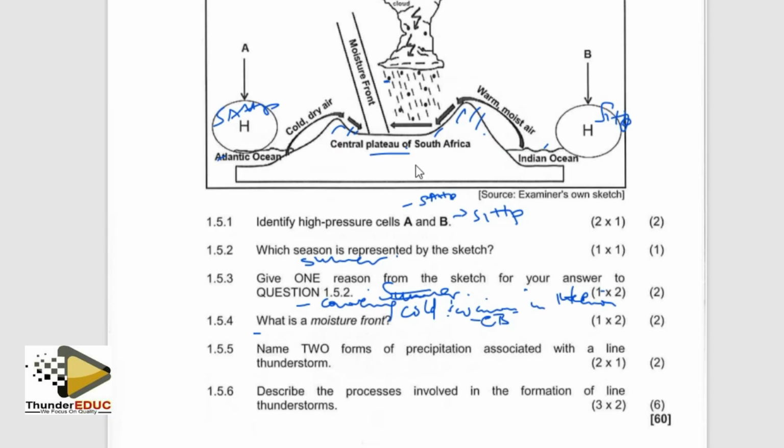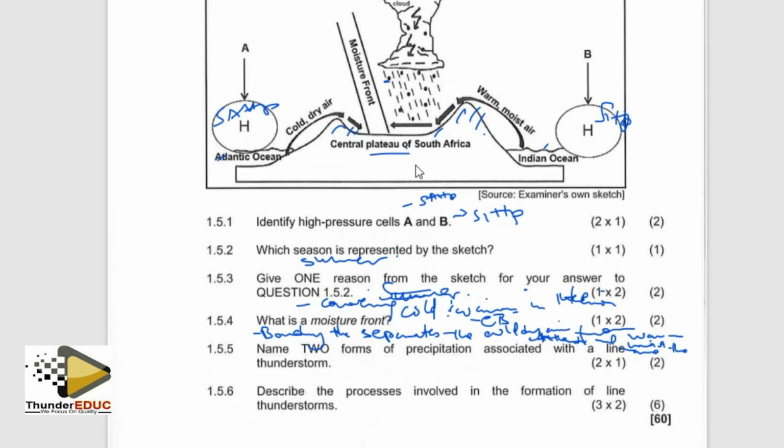A moisture front is a moisture boundary, the boundary that separates the cold dry air from the Atlantic Ocean and the warm, moist air from the Indian Ocean.